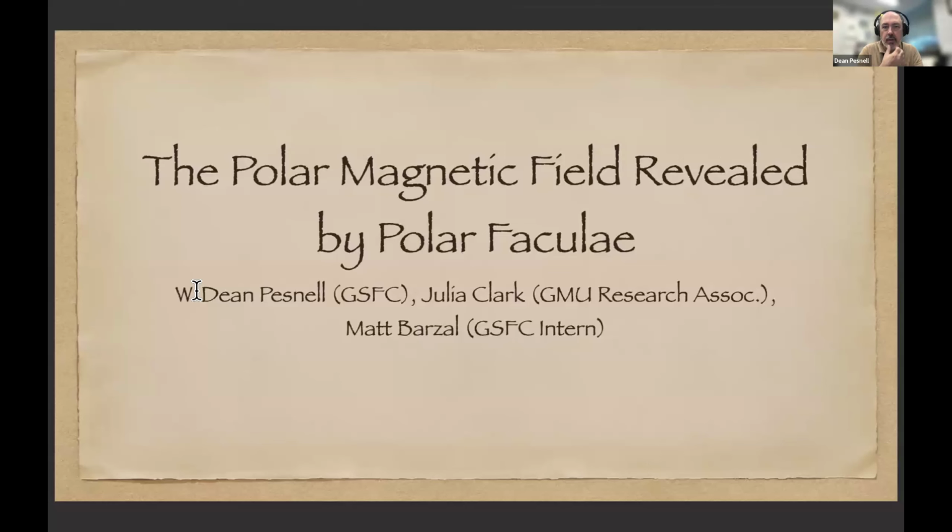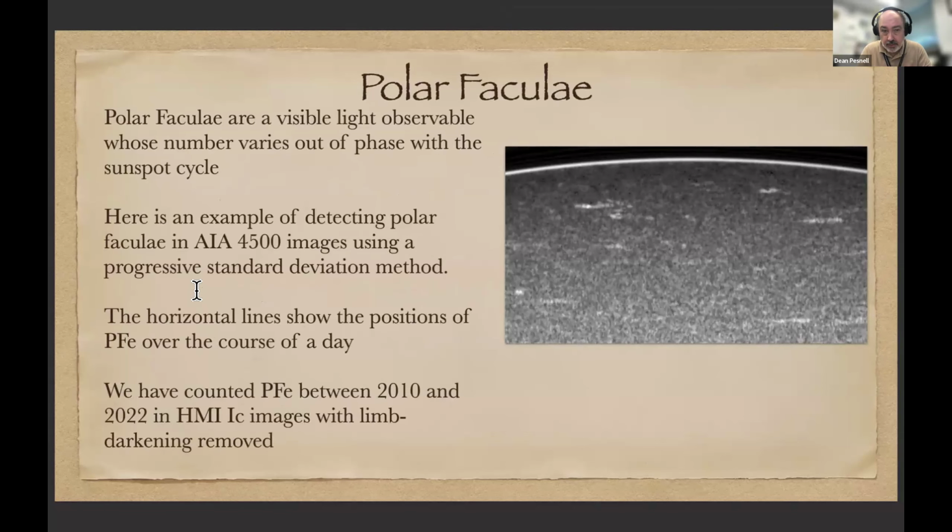Okay, I'm going to talk a little bit about our work on polar faculae, and in particular, we're going to emphasize some early results from the polar magnetic field that we see in those faculae. Some people have spoken about faculae already, so here's an example. One of our first detection techniques was to do streakograms, where we look at a day's worth of images.